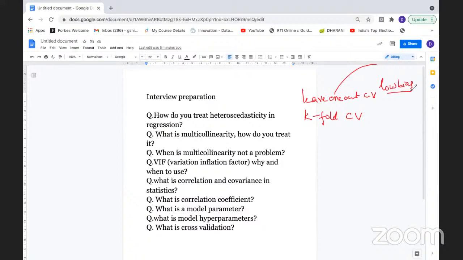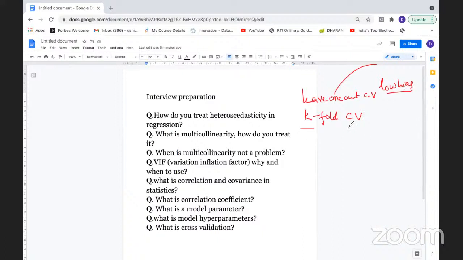But what is the major drawback here? If that particular data point is an outlier, it will lead to high variation. And also, if you have 10,000 data points, how much time should the execution take, because it has to iterate over 10,000 data points, right? So that is leave one out CV.